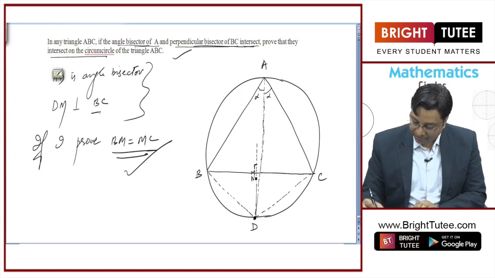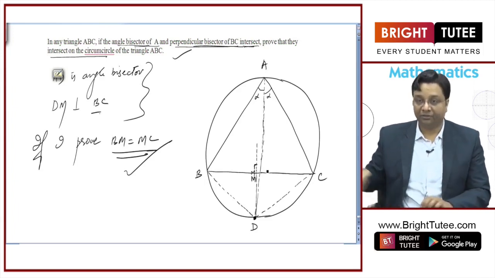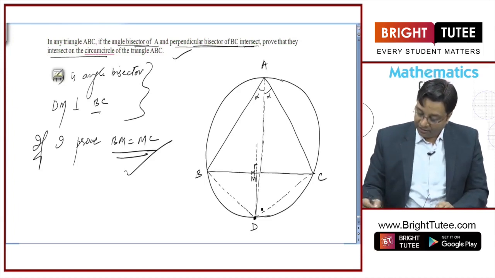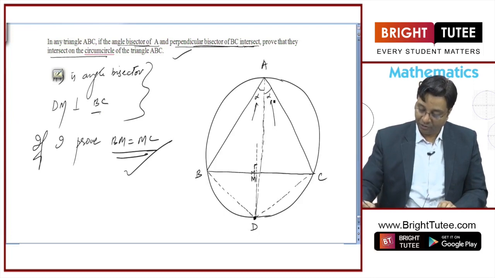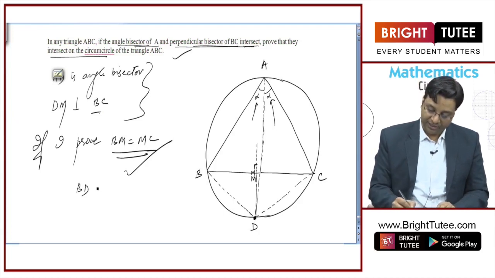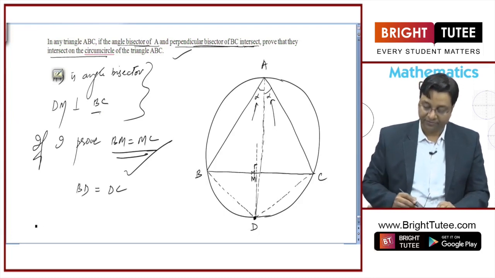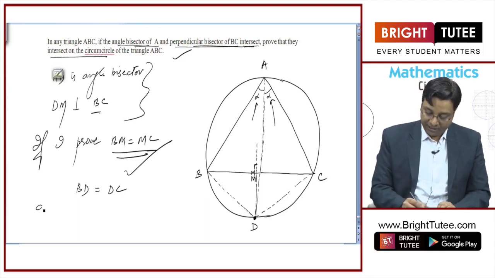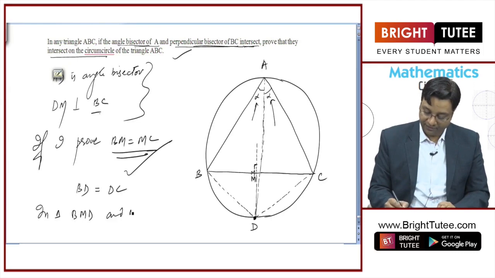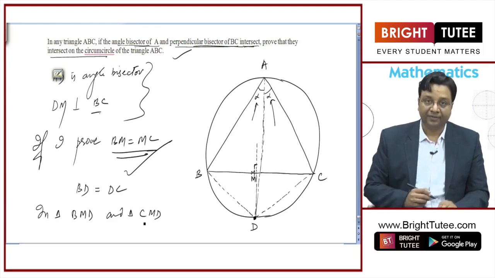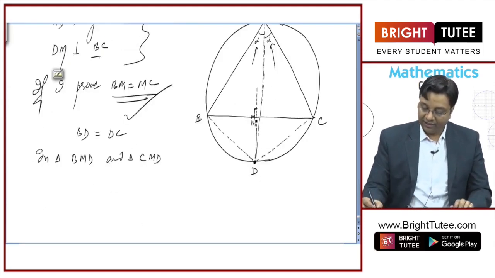If this is M, I need to prove BM equal to MC. Now if I draw these two chords BD and DC, will they be equal? Yes, because these subtend equal angles at point A. So chord BD is equal to chord DC. Now in triangle BMD and triangle CMD, we have taken this angle M as 90 degrees.